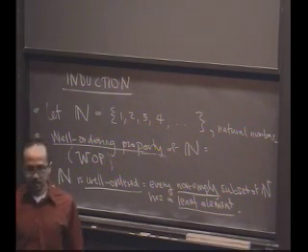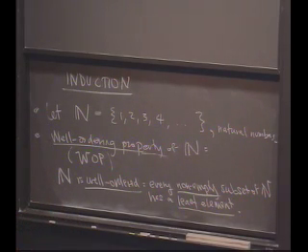You postulate the existence of a 0, and then you postulate the existence of a successor function, which basically tells you what the next thing is. So 0 has a successor, we'll call it 1. 1 has a successor, we'll call it 2. 2 has a successor, we'll call it 3, etc.